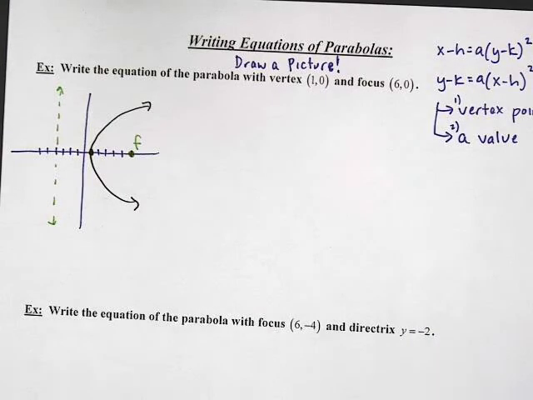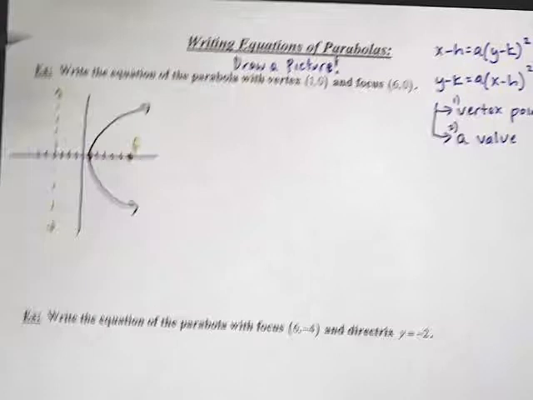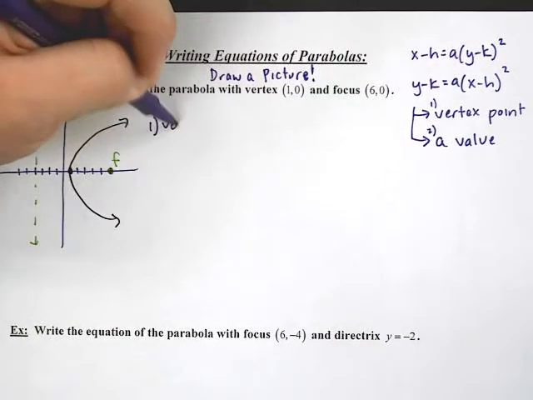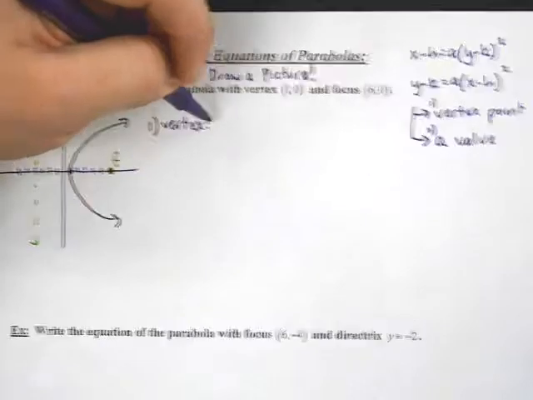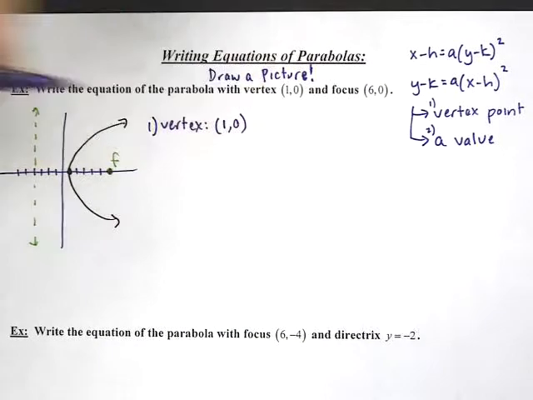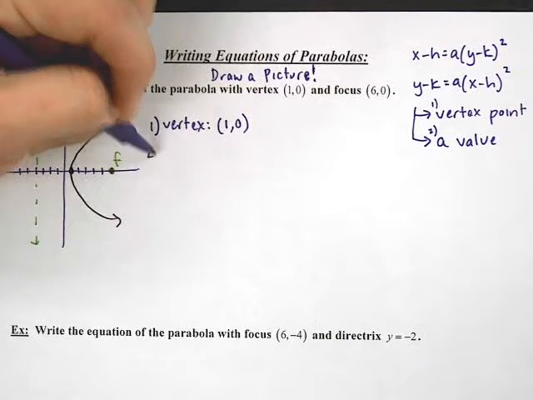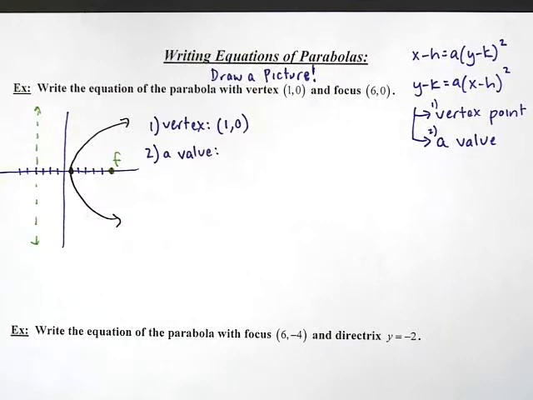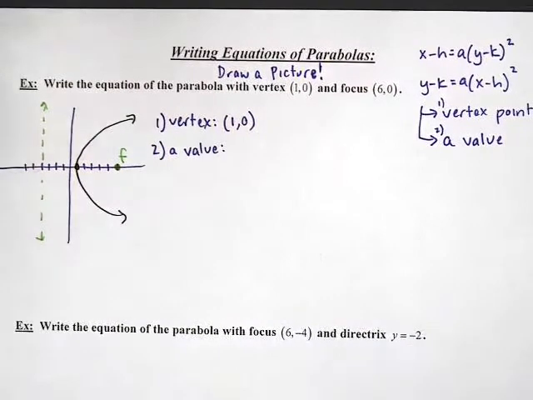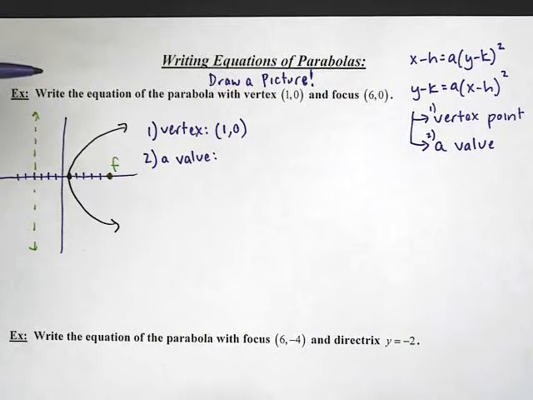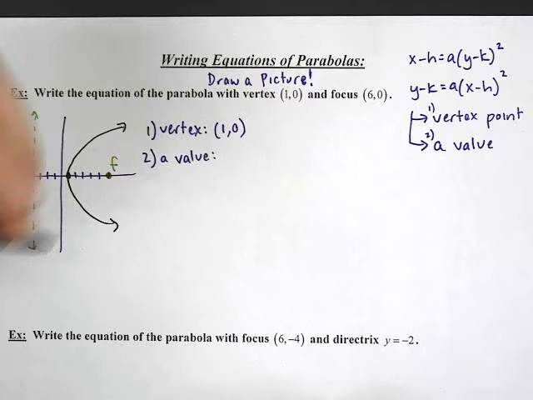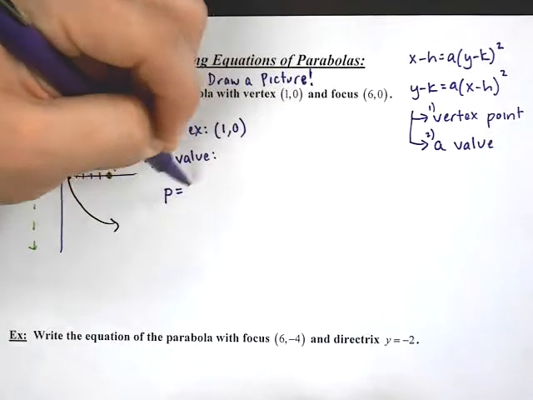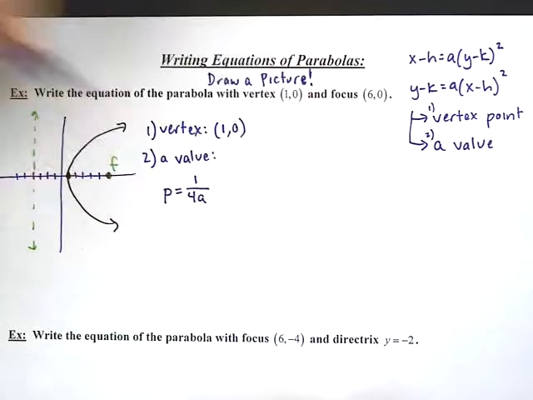Well, let's think about this. Vertex, I have it. I was told the vertex was 1, 0. A value, got to do a little bit of work. The big concept here that you have to remember is your formula that involves a. P is always equal to 1 over 4 times a.